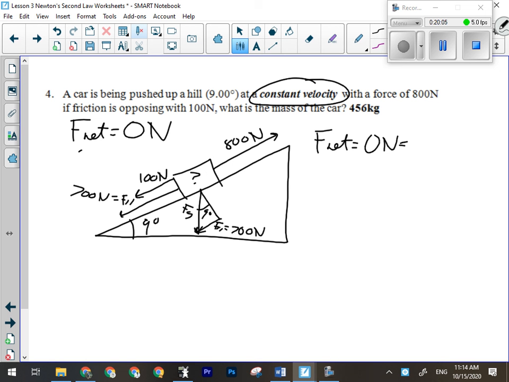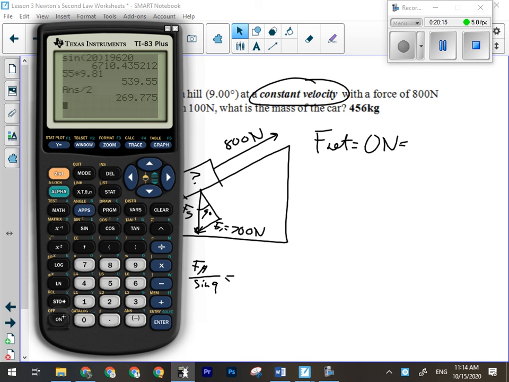So I'm going to find Fg by going F parallel divided by the sine of 9 degrees. So that's 700 divided by the sine of 9. There's my force of gravity. If I divide that by 9.81, there's my mass, 456 kilograms.